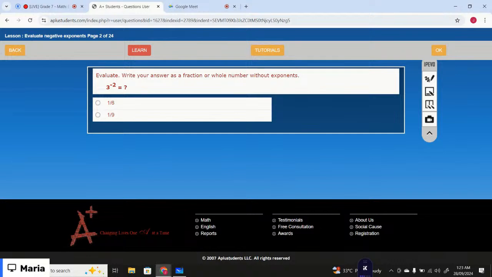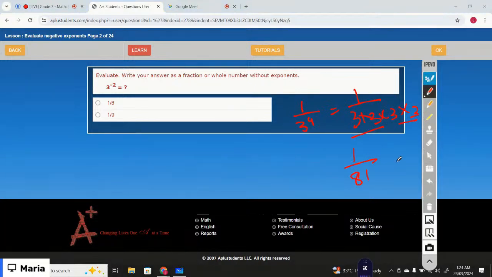Okay, evaluate 3 exponent negative 2. So which is the correct option? That is 3 exponent negative 2.